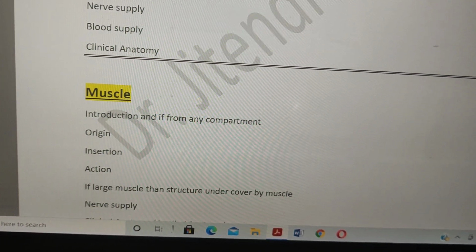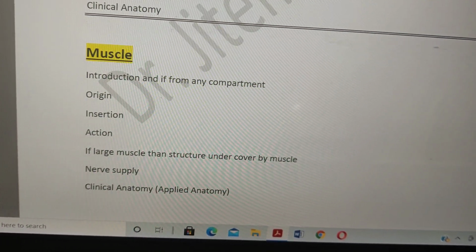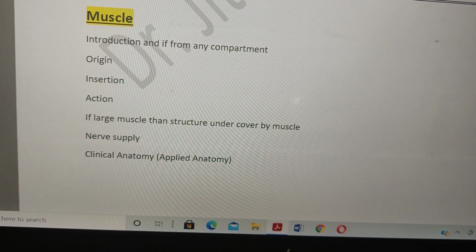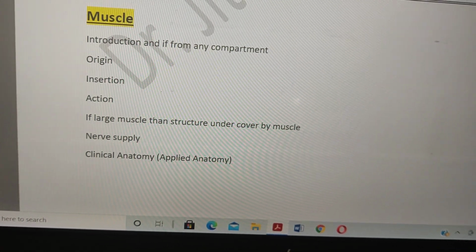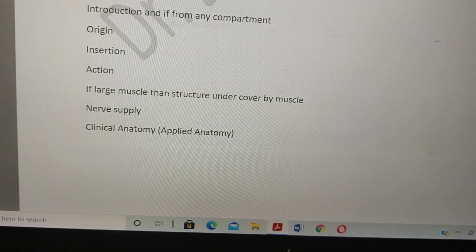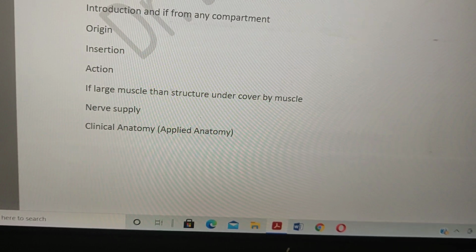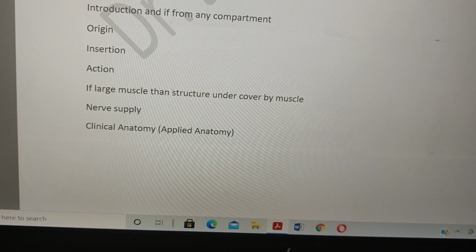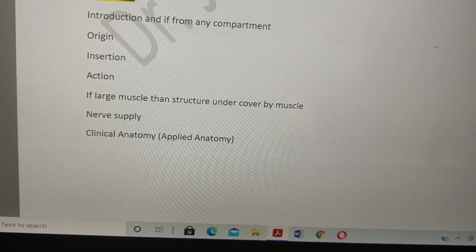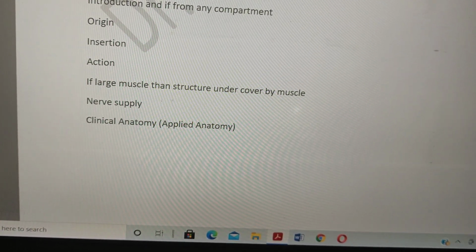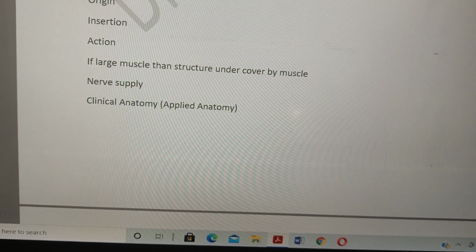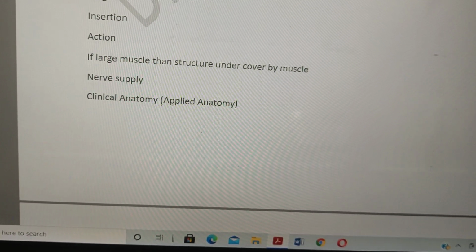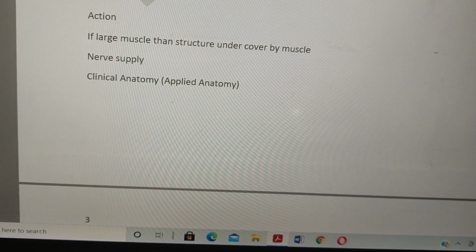If any muscle is asked in a short note, then you have to write the introduction, particularly which compartment it is from, or its shape according to the name given. Then write the origin, the insertion, and the action of the muscle. If it is a larger muscle, write which structures are under cover of the muscle, like the deltoid or gluteus maximus.